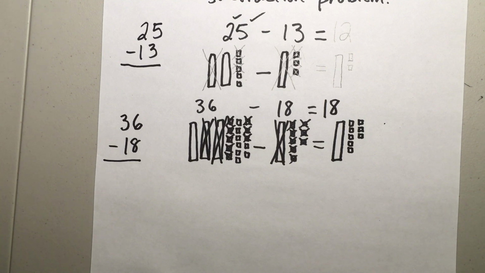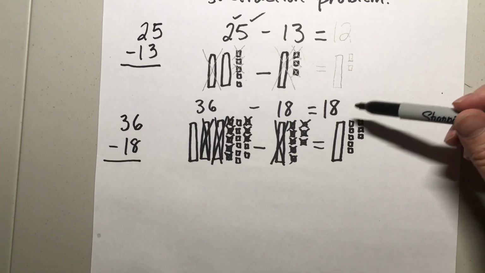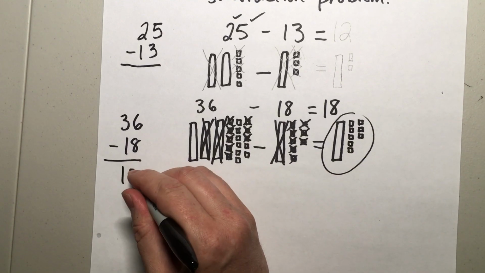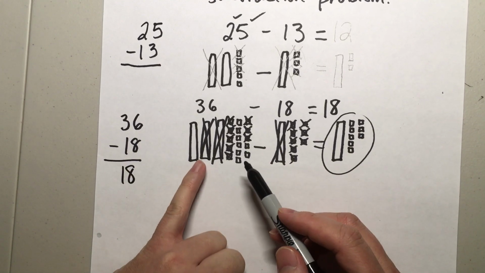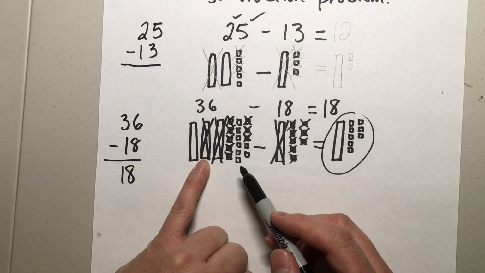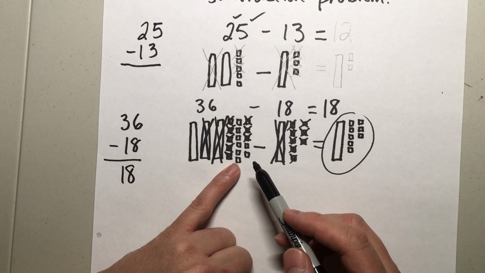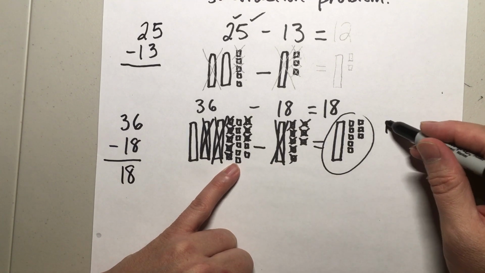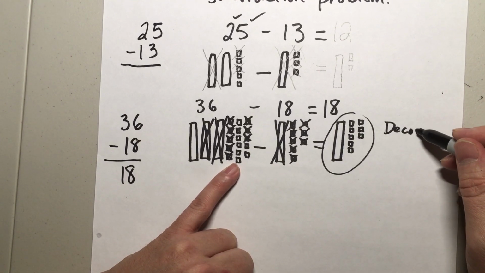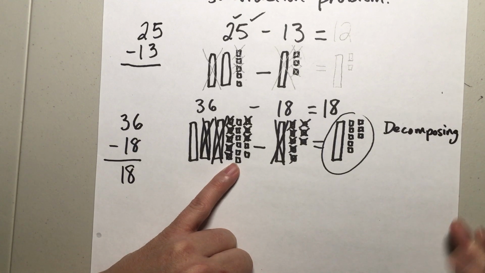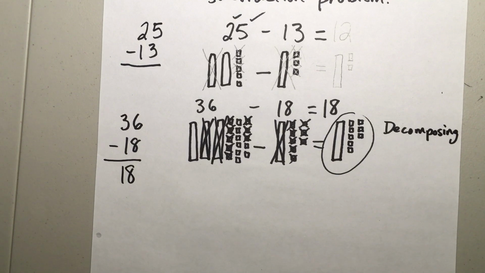And it's all good because we can still do math. All right. Anyhow, let's move on. Remember the move here with that 10 to turn that long into 10 small cubes is called decomposing. And no, it's not like the other type of decomposing. It just means breaking that number apart.